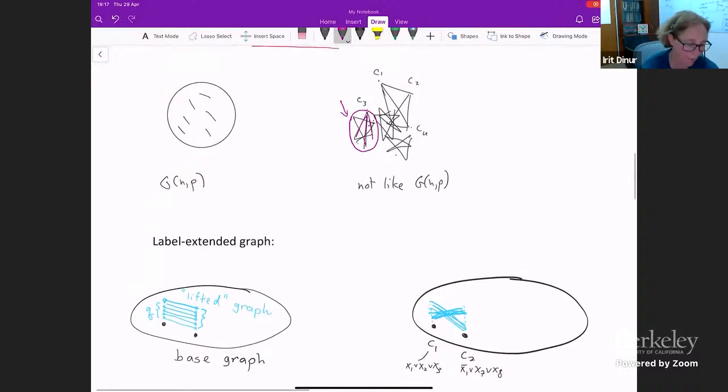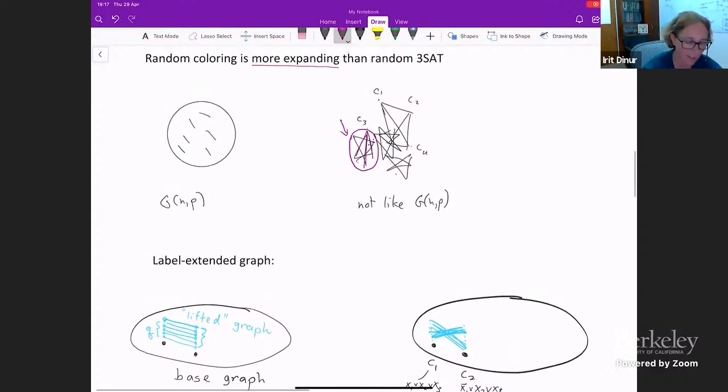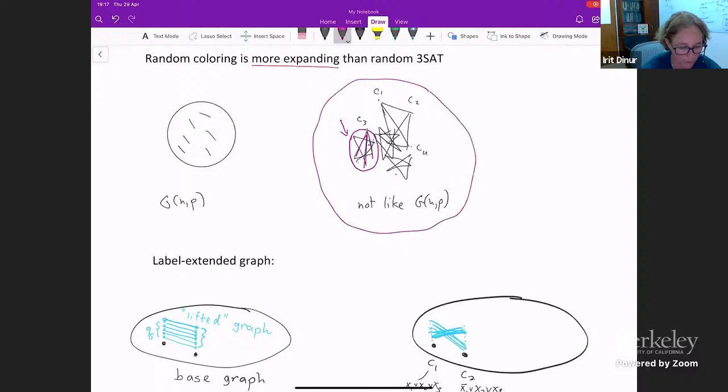Thanks for the question. Let's see together. The clause-variable graph, the graph that I'm talking about here, doesn't change, because this graph doesn't reflect the entire instance. It just reflects which triples of variables are chosen, so it doesn't depend on the predicate.